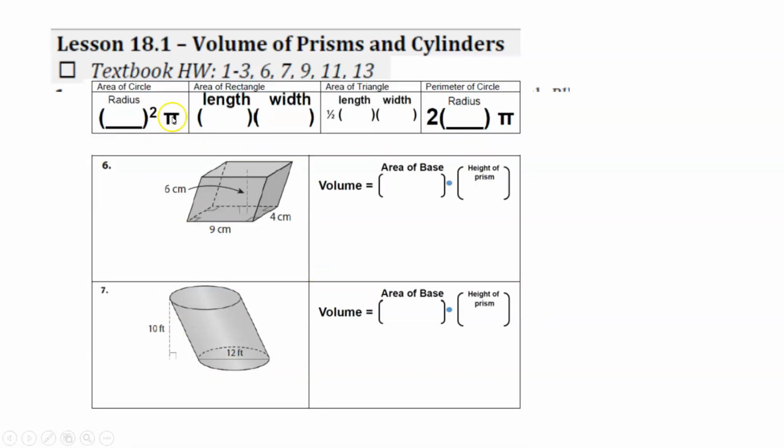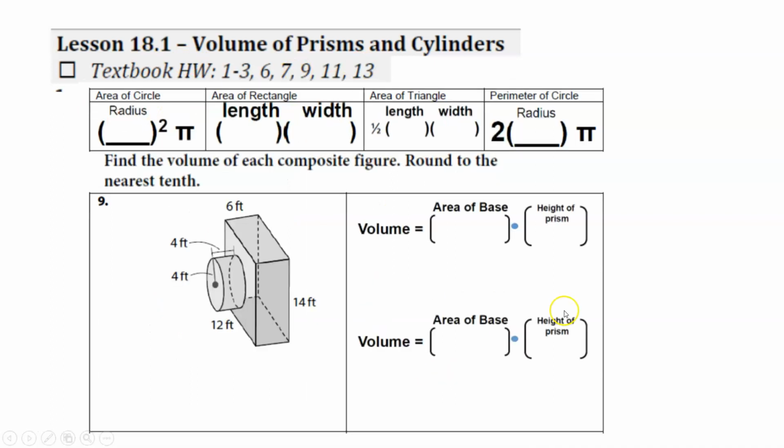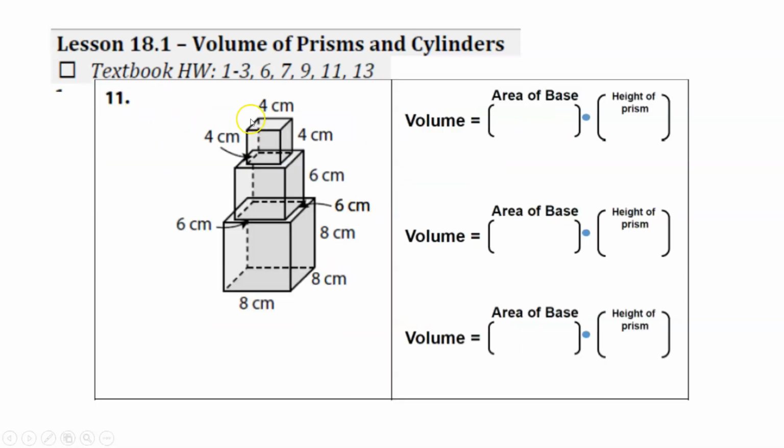For number 6 and 7, again, finding the volume of each of these shapes. For number 9, it's a composite figure, so I would maybe find the volume of the first shape and the second shape. Again, there's some support provided for you, so you know which one to use as far as area formula. And number 11, we're finding the volume of 1, 2, 3 different shapes and adding those together.